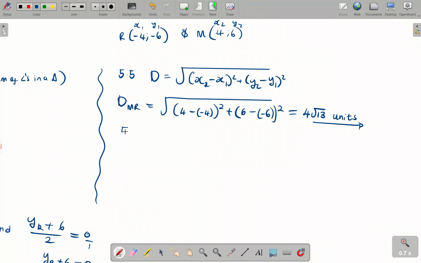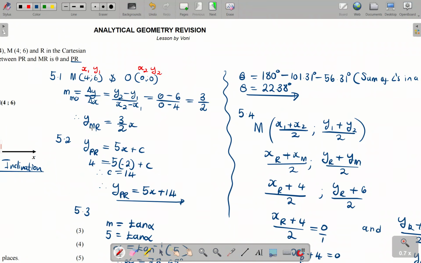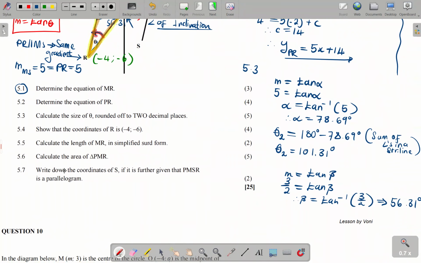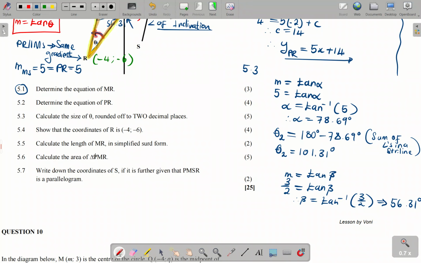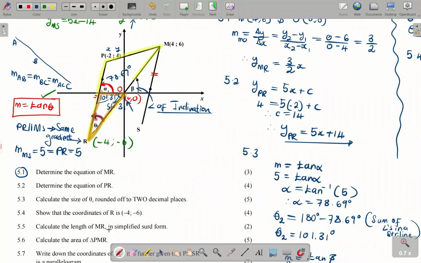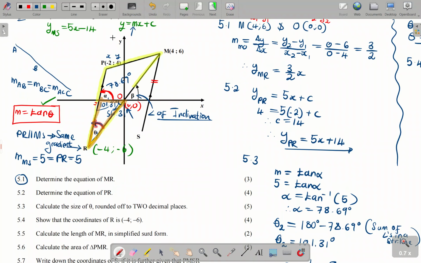So now let's take a look at 5.6. In 5.6, they say we have to calculate the area of triangle PMR. So now let me clean this a bit, guys.